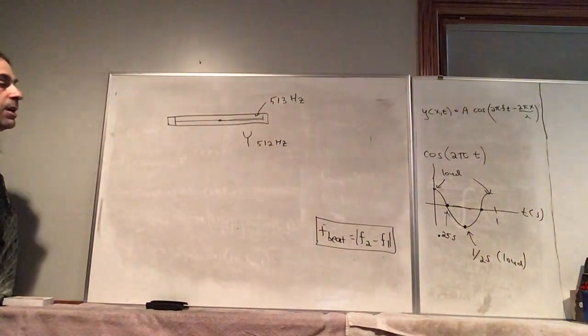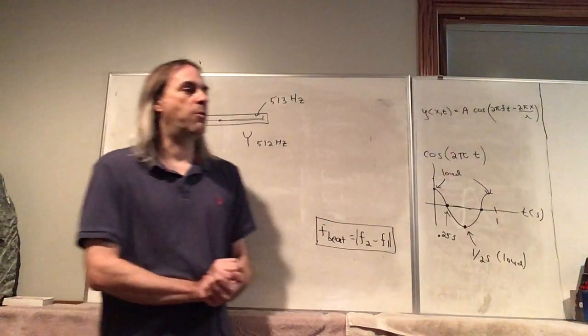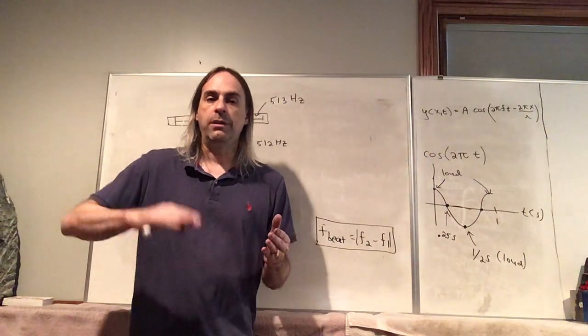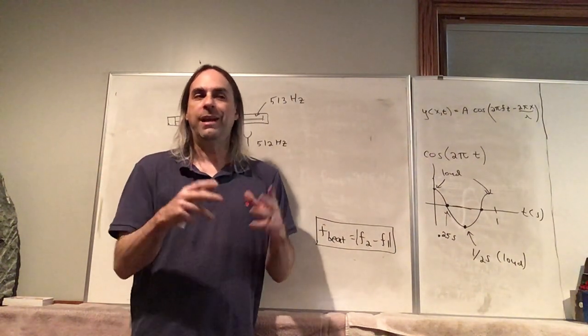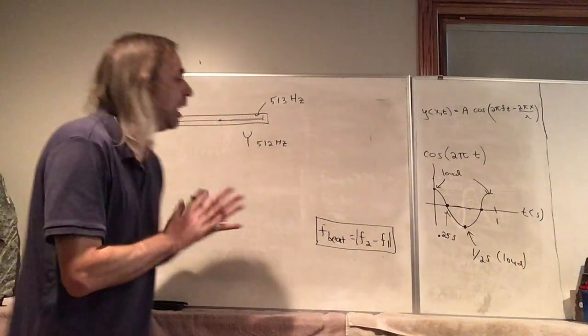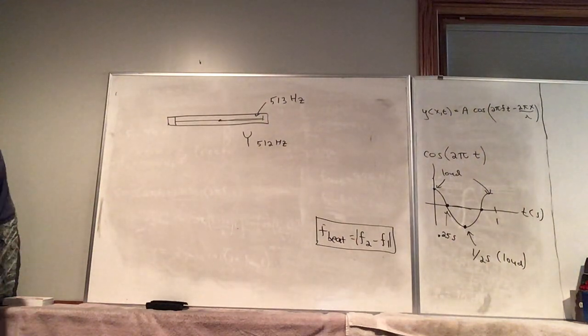Very simple. But you should understand the concept behind it. And again, this is when two sounds are very close together in frequency, and then the overall sound has that average frequency, but it rises and falls with this beat frequency, which is just the simple difference between the two.